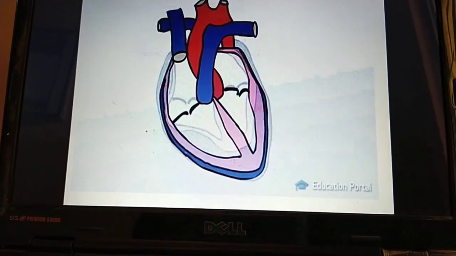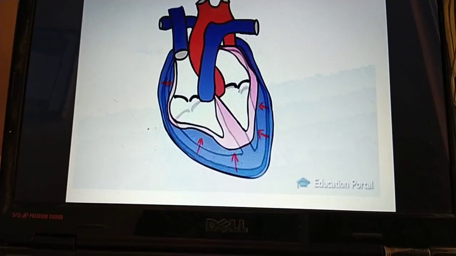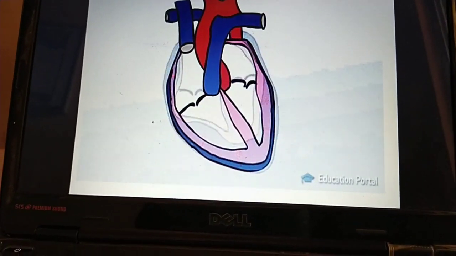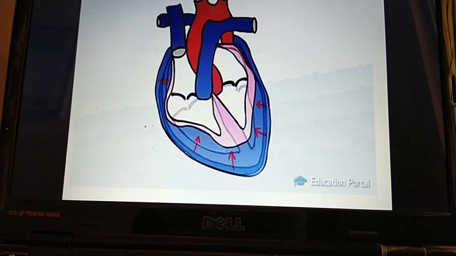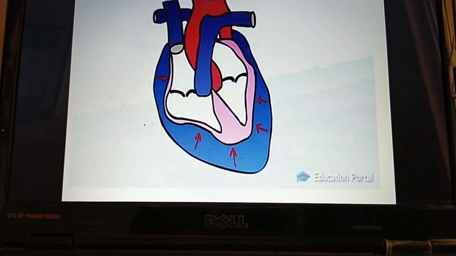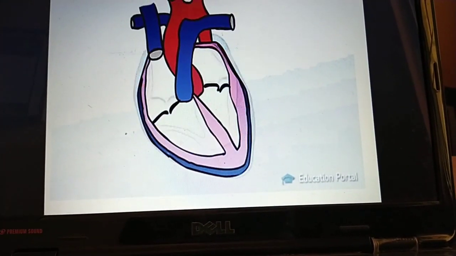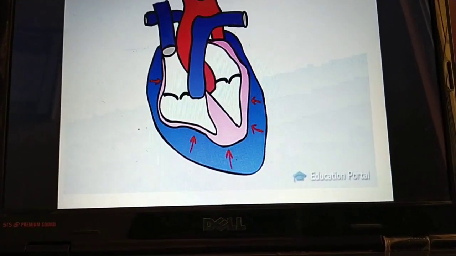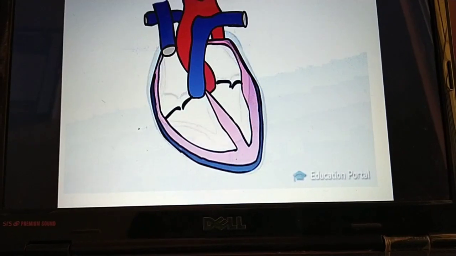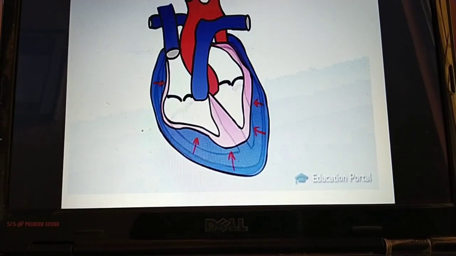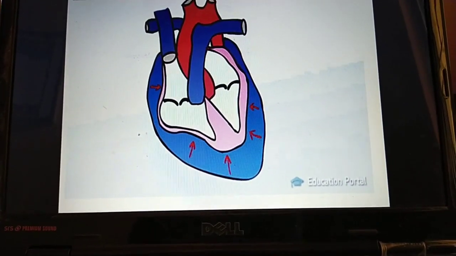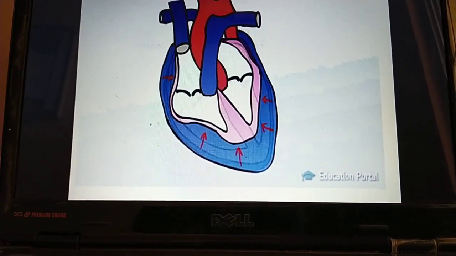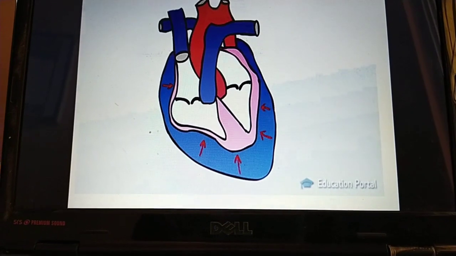Another one is that the parietal pericardium maintains the central position of the heart, because it is attached to the central tendon, the mediastinum, and the lungs. And this pericardium also helps in venous return.